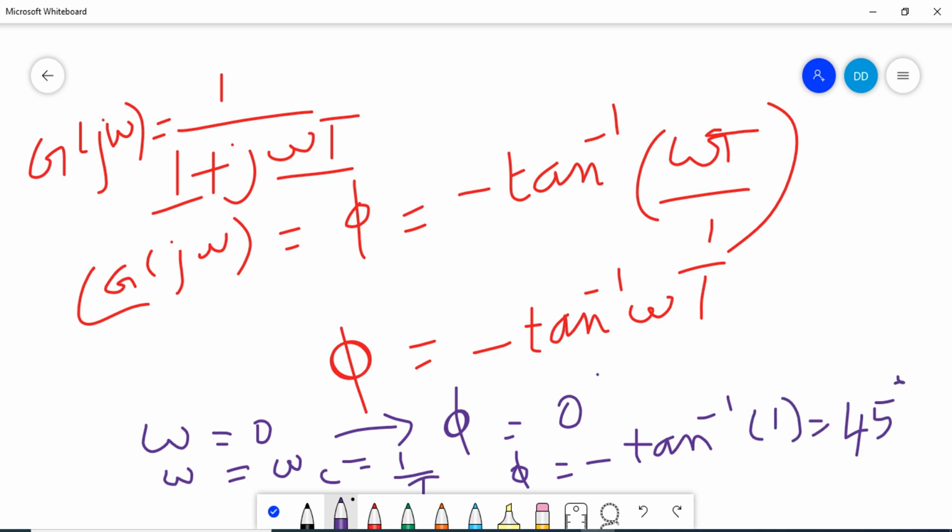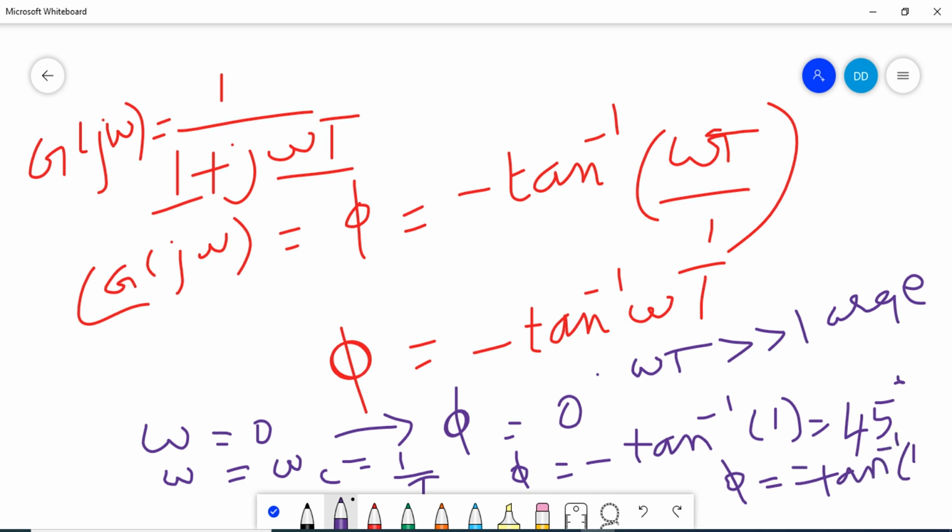Likewise, if we consider very high frequencies, that means omega t is very large, then phi is minus tan inverse infinity, which is minus 90 degree. So we will have a phase curve which passes through minus 45 degree at the corner frequency omega c. So we will draw the phase angle plot for this.